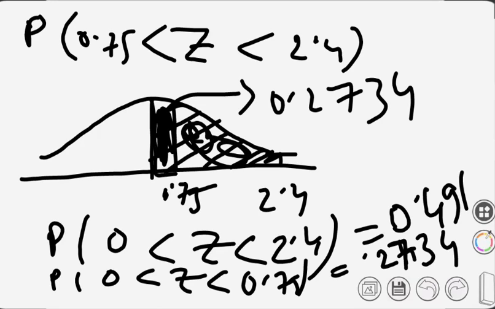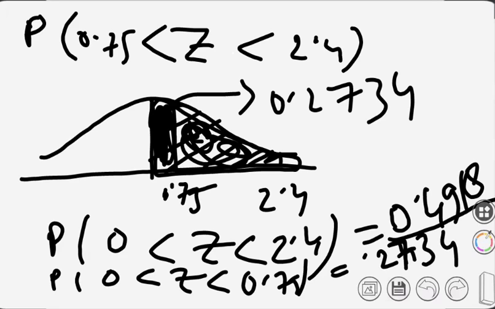This value you have got is 0.4918, and this value you have got is 0.2734. So to get this part, do we add or subtract? Do you need me to tell you this? Earlier it was added because they were on opposite sides. If on the same side, it will be subtracted. Simple. So the answer is 0.2184.